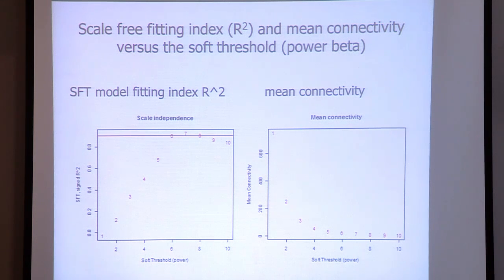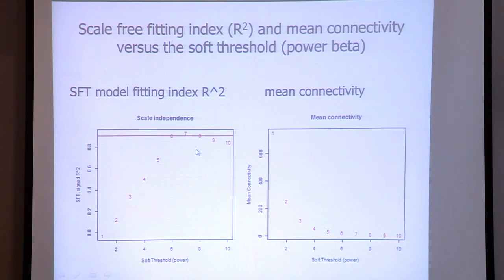Now, in practice, we often see such a relationship where for different powers, initially R-square goes up, but then often it tapers off or it even goes down. And therefore, to be more precise, the scale-free topology criterion chooses the lowest power where you get a high value, where the saturation starts.